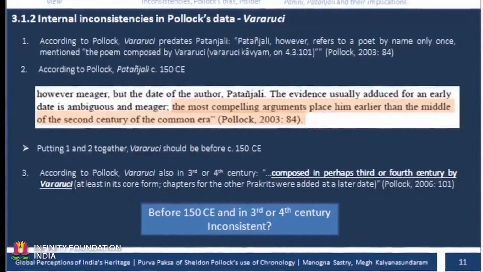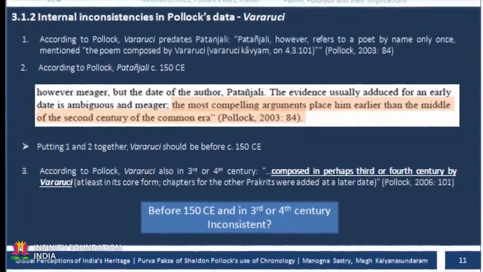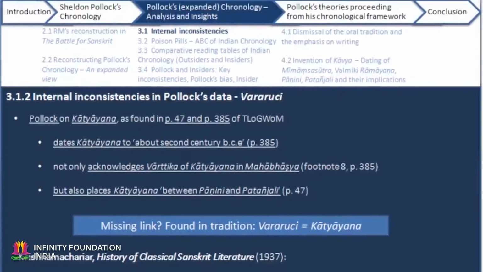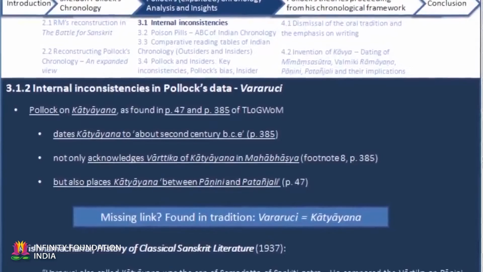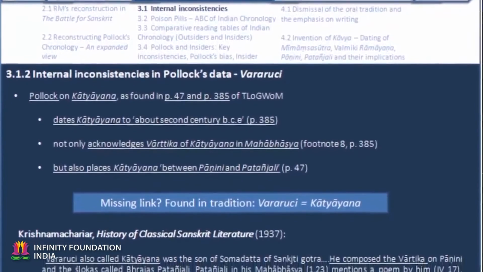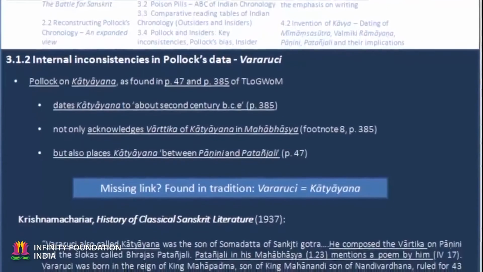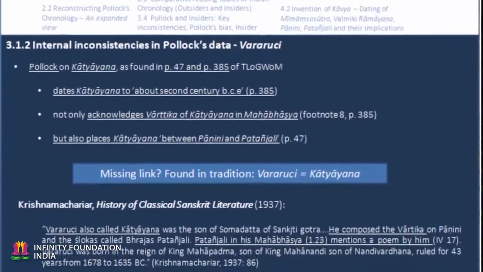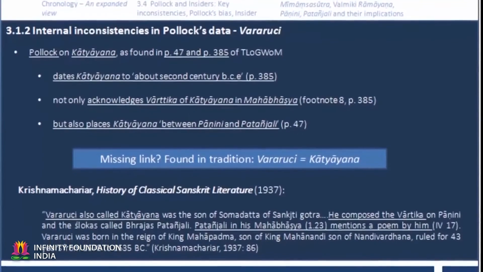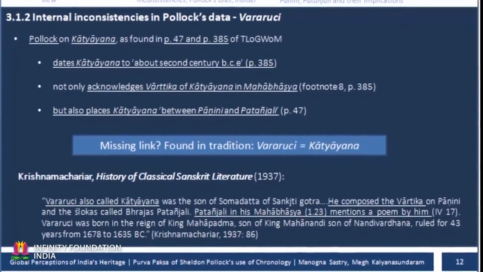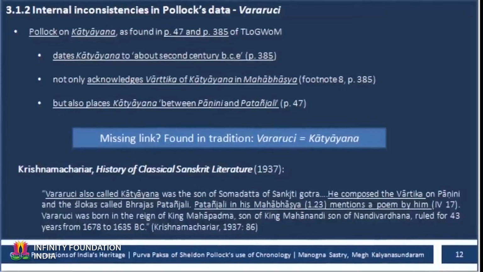Pollock does not help himself though by correctly placing Katyayana between Panini and Patanjali, yet seeming to miss out on one crucial link found in an account of the tradition by insider Krishnamacharya in his 1937 book History of Classical Sanskrit Literature, the link that Vararuchi was also called Katyayana.